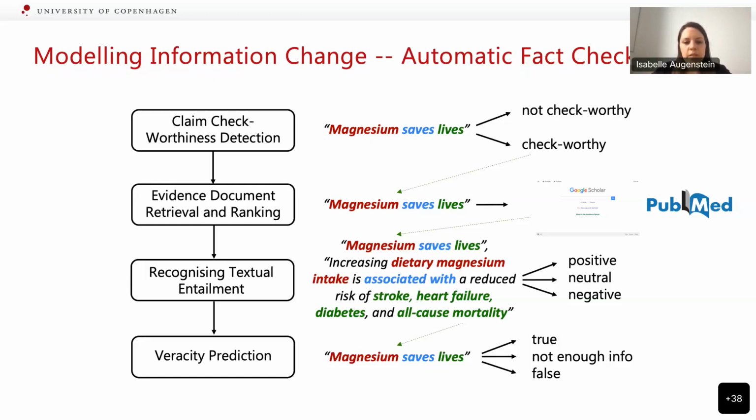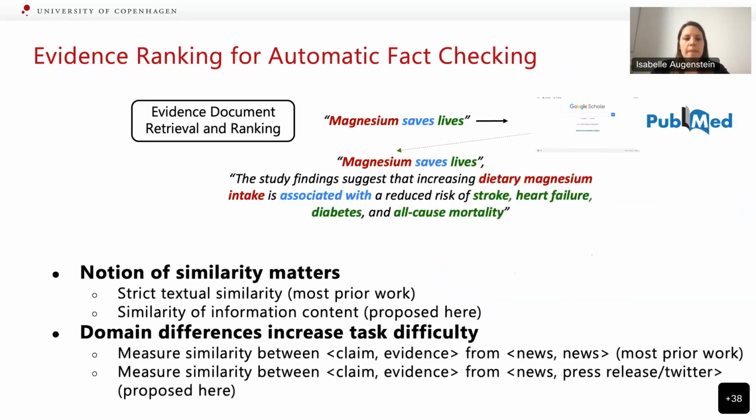Now, the step that's related to this information change that we were looking at is the evidence ranking bit. So for the evidence ranking step, the notion of similarity really, really matters. In most previous work, people have just looked at strict textual similarity, where they really just compare two different sequences word by word. But what we propose is to not just look at the actual text, but at the information content in terms of the scientific claims. So you might have all kinds of other content in there.